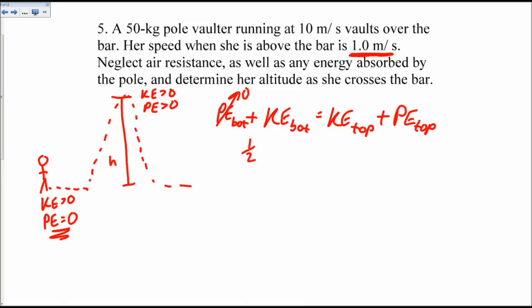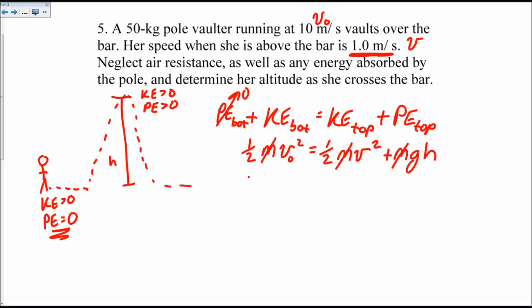I have 1/2 m v naught squared, where I'm calling this 10 meters per second v naught, equals 1/2 mv squared, where I'll call this 1 meter per second v, plus mg times h. And h is what I want to know. The m's cancel.